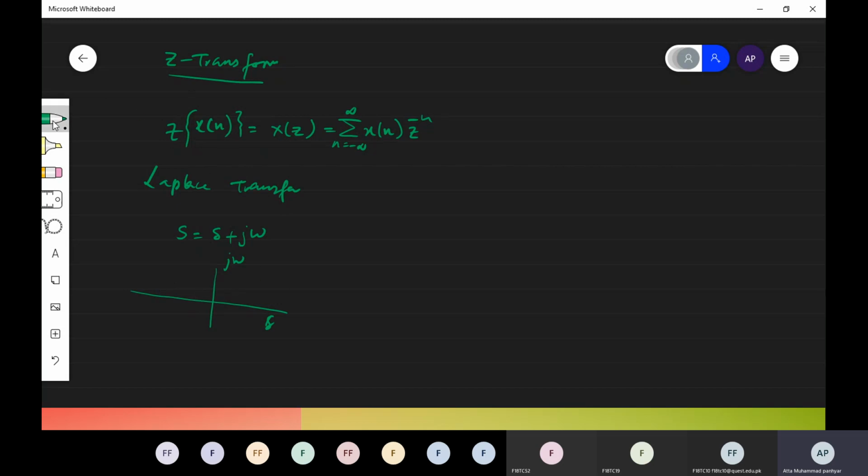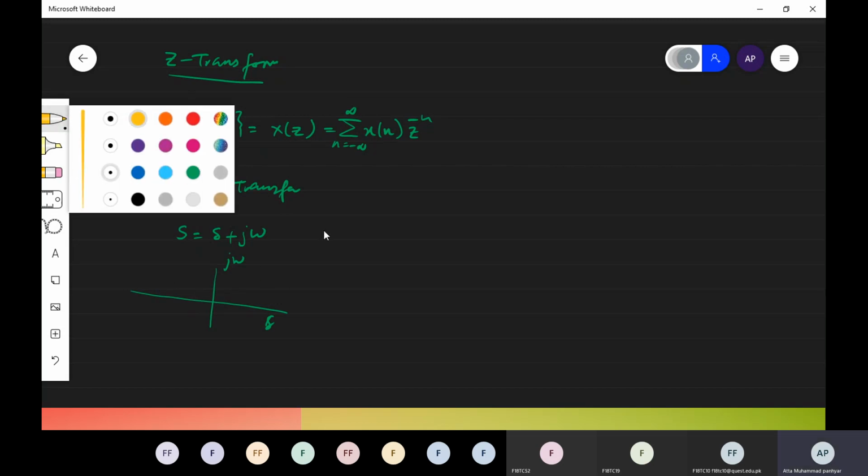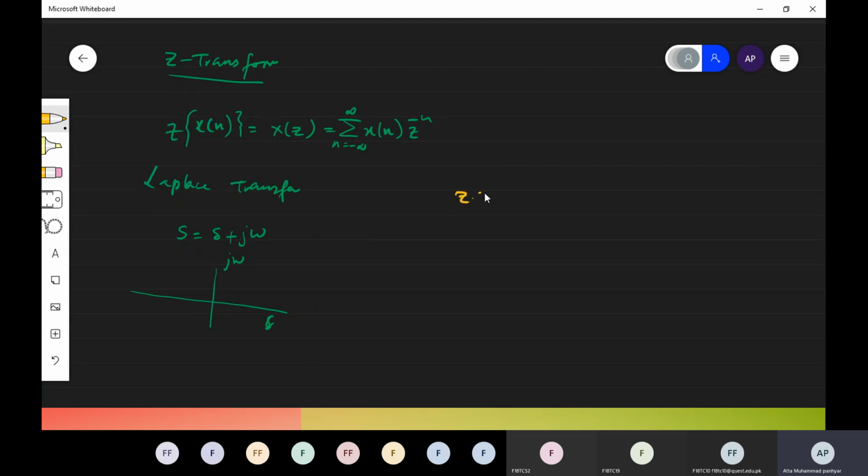And in contrast to that, in the Z transform, we have a symbol Z which is equal to r e to the power j omega.